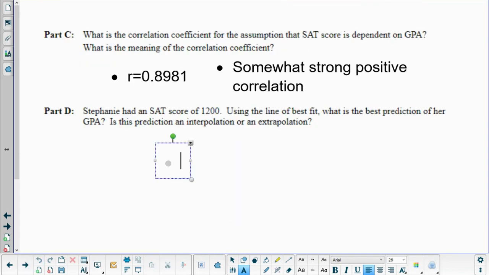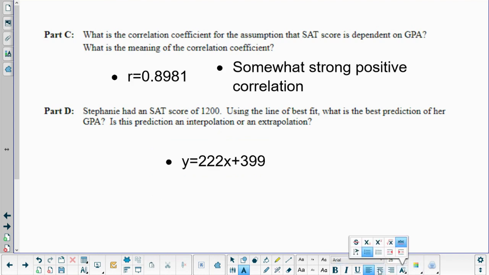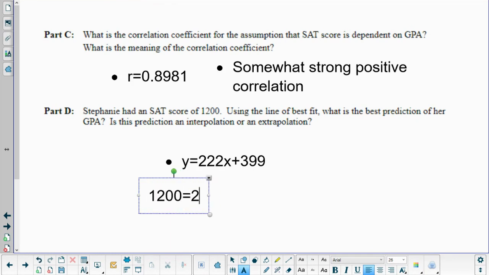So I'm going to use the equation that we came up with before. Y equals 222x plus 399. All right. Now we said the 1200 is our Y value. So when you solve this, you need to substitute the 1200 in for the Y, not for the X. Okay, let's go ahead and solve this.